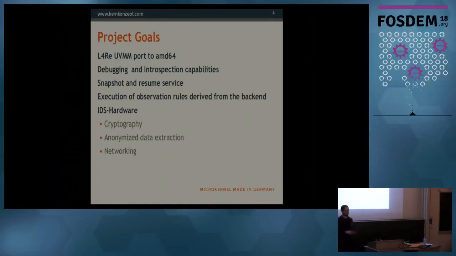And there's also some hardware involved in the form of an FPGA, which can do memory accesses, and extract the data without help of the CPU, or with little help from the CPU, the cryptography and the anonymization, and then send it off to the database on the remote server.